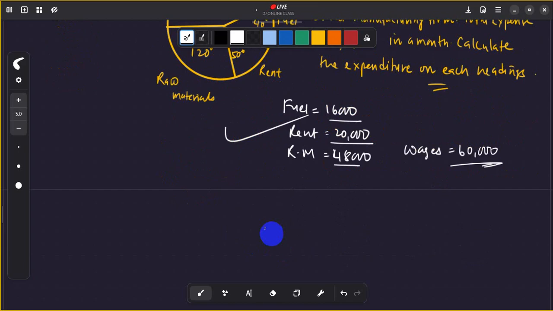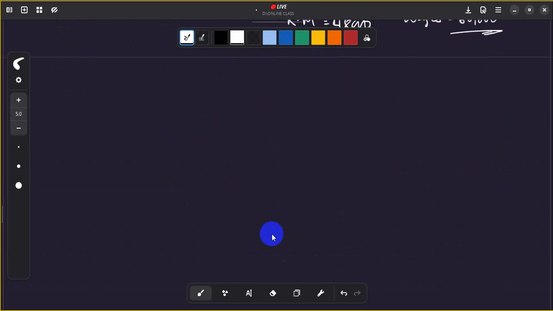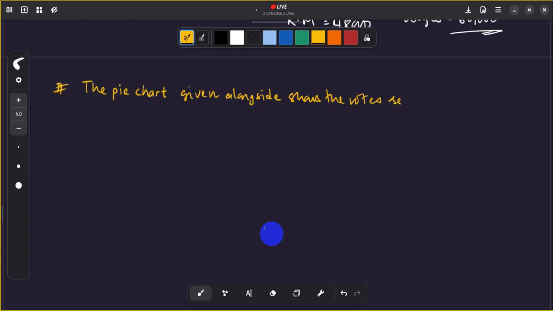Now let's move to the next type of question. The question is: the pie chart given alongside shows the votes secured by three candidates A, B and C in an election.